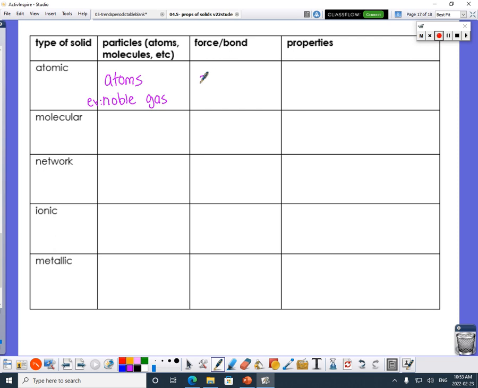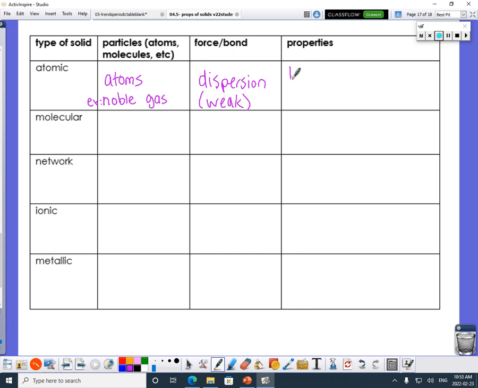Atomic is dispersion forces. If you would like to remind yourself that they are weak, but maybe you're like, no, I got it, I don't need that, it's up to you. So because they have weak forces, then they have, and I'm going to use MP and BP.